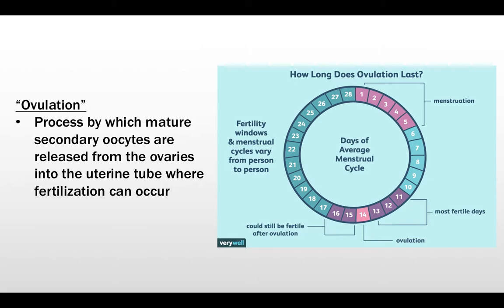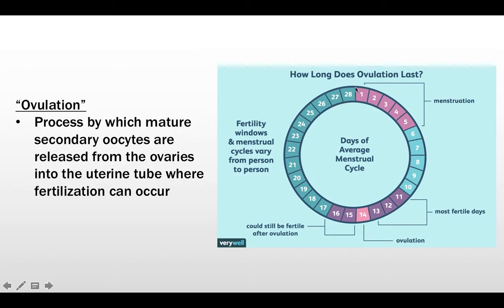All right, so what happens to the egg? The process of ovulation is how we get those secondary oocytes, which is what we saw at the bottom row, and we release them from the ovaries into the uterine tubes where they can be fertilized. It's about a 28-day cycle in humans, but there's different things happening at different days.